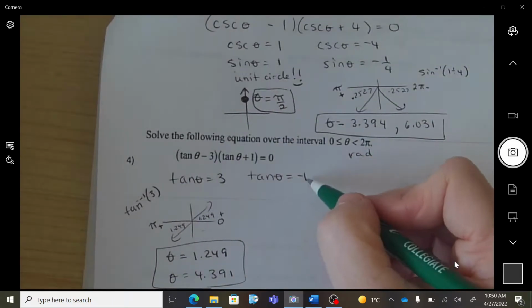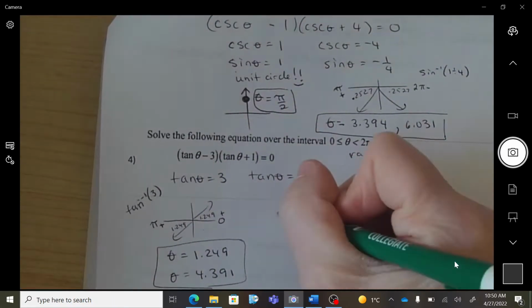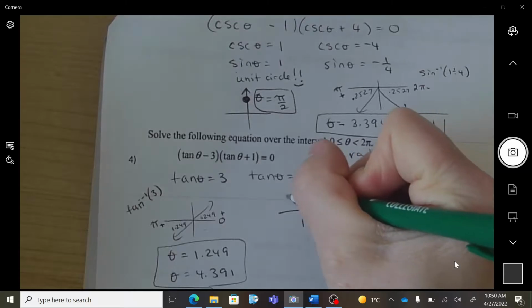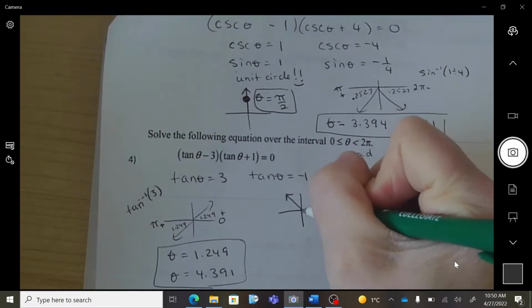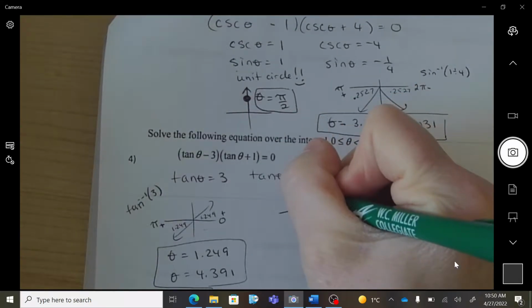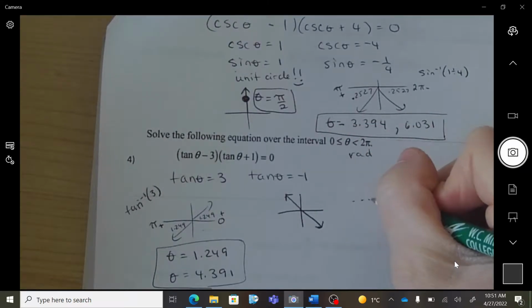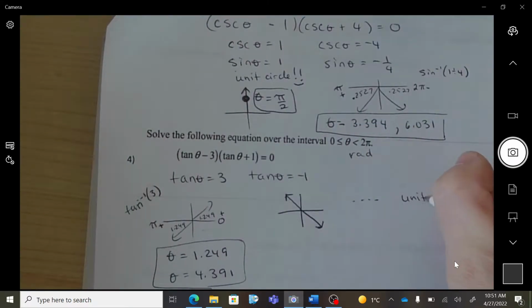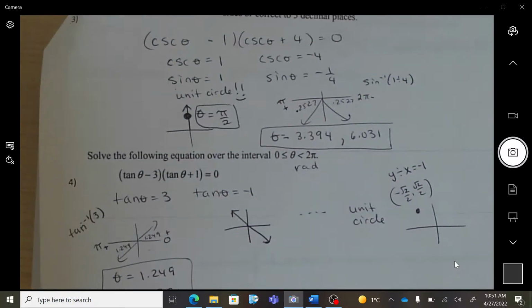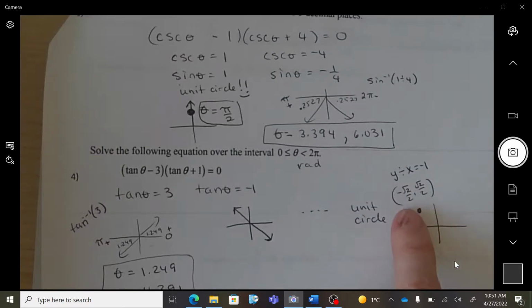And here I know that tan on the unit circle, I can get a 1. So this is my thought on the unit circle. Okay, I can see that this y divided by that x would be a -1.